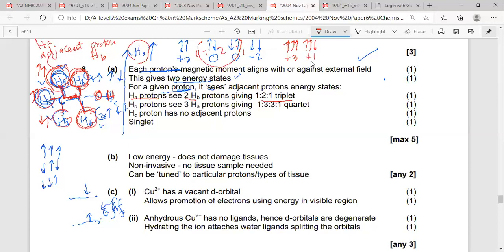So you feel a lesser field than this one. Or it can spin up, down, and up, which is also plus 1. Or down, up, and up. So there are three possibilities, each plus 1. That's why it's a triplet.